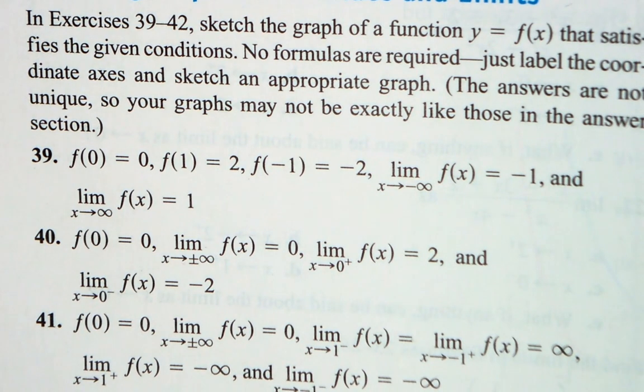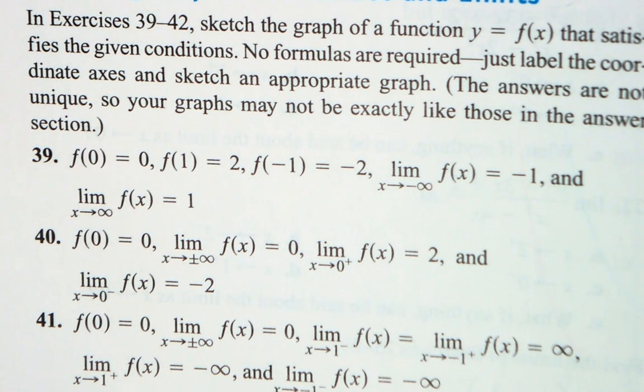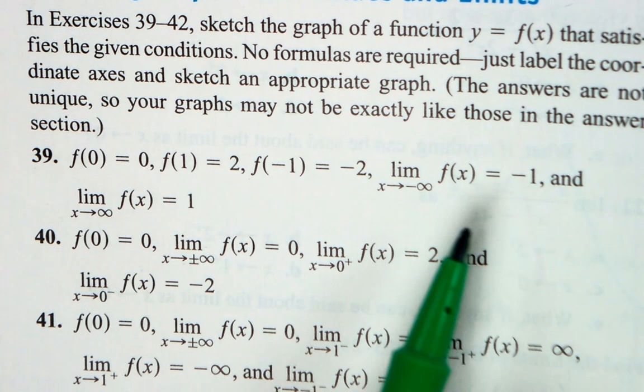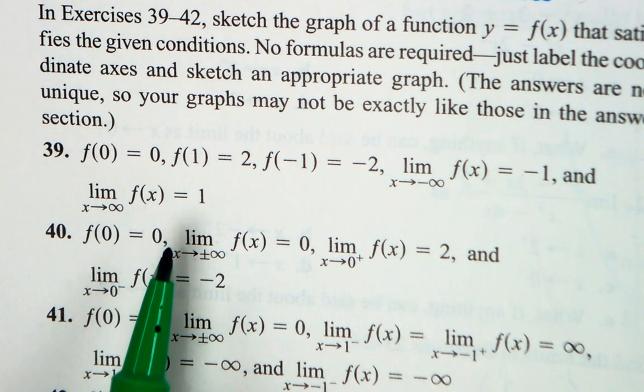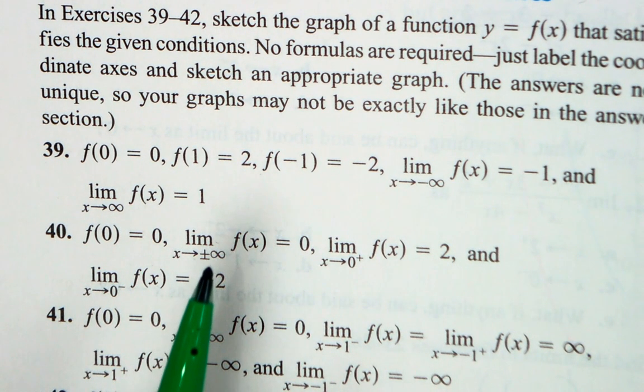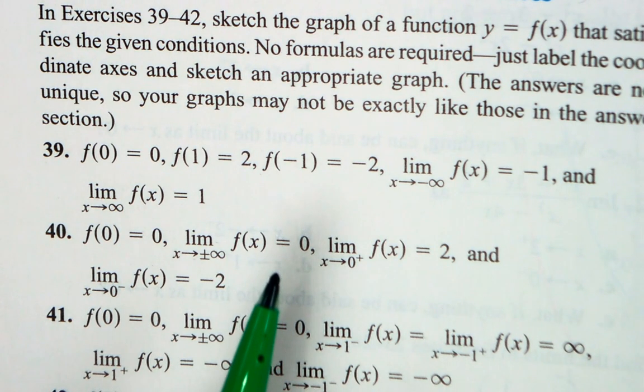I think this one can be done with a continuous graph. But you got to make sure that it's approaching negative 1 and approaching positive 1. It's a little close to 0. Okay, got it.